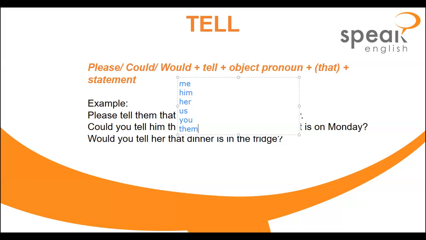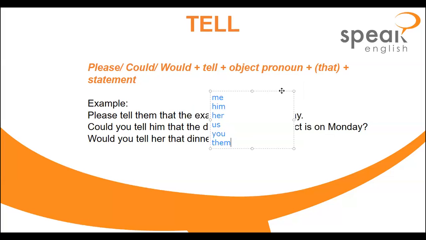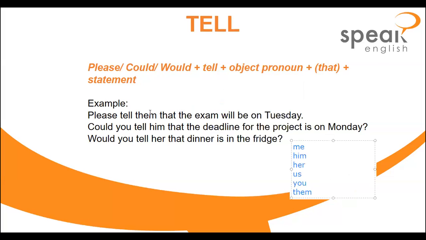Okay, so those are the object pronouns that you can use with this structure. So you can say, for example, please tell him, please tell her, please tell them. Me, please tell me. We wouldn't use it, right? Because again, we want to leave a message for someone else. So very good. Let's continue then.